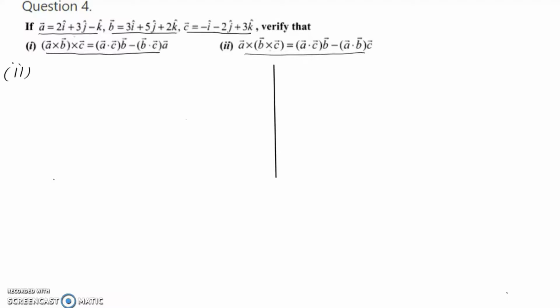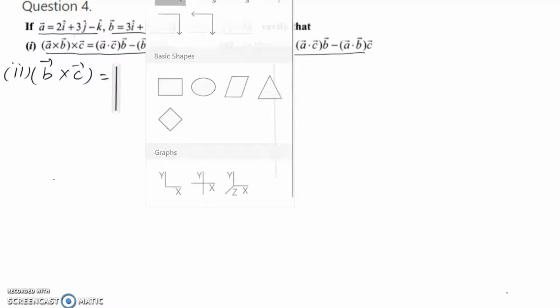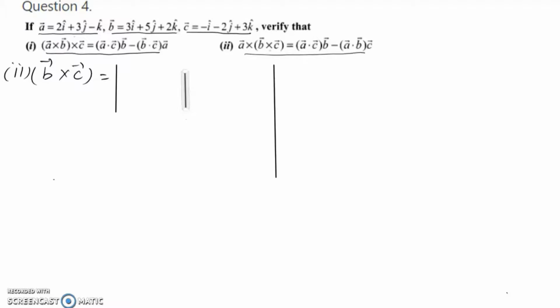Okay, so again we need to find the vector cross product of A cross B cross C. So let's first find what is our B cross product with C. So that will be equal to the determinant of I cap, j cap, k cap, and the coefficients are 3, 5 and 2, and for C the coefficients are minus 1, minus 2 and 3.